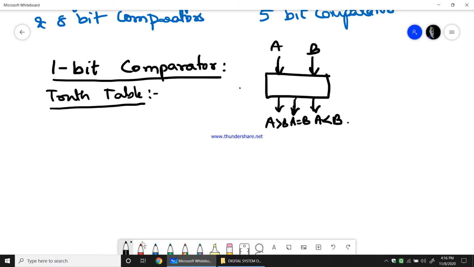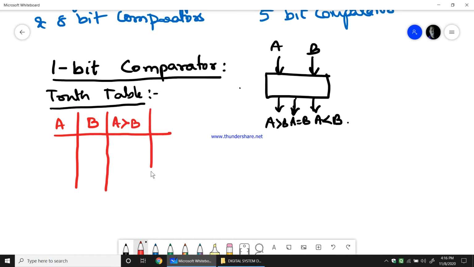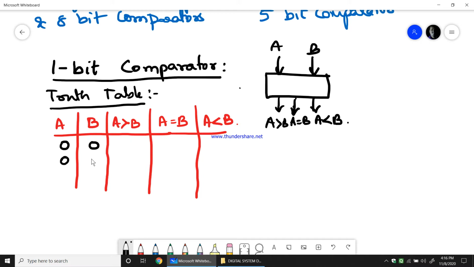We have A and B as the two inputs for 1-bit, and then we have the outputs A greater than B, A equals B, and A less than B. When I have 2-bit inputs, it means I'll get 4 comparisons: 0 0, 0 1, 1 0, and 1 1.